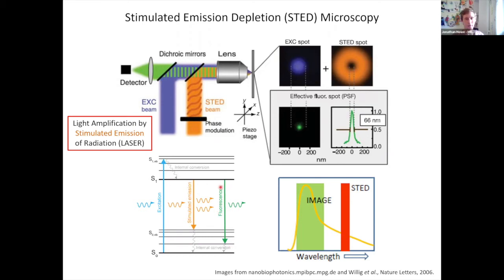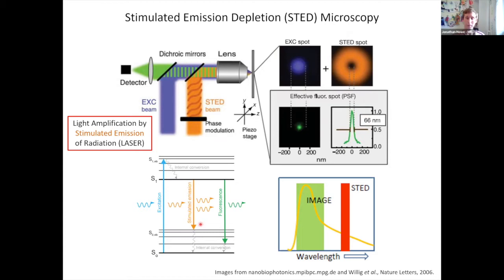And because there's various different vibrational levels, you generate a spectrum of emission. If you bombard the excited state fluorophore with a high intensity laser, you can stimulate the sample to emit a photon of the same wavelength as that laser. And this is the process of stimulated emission.